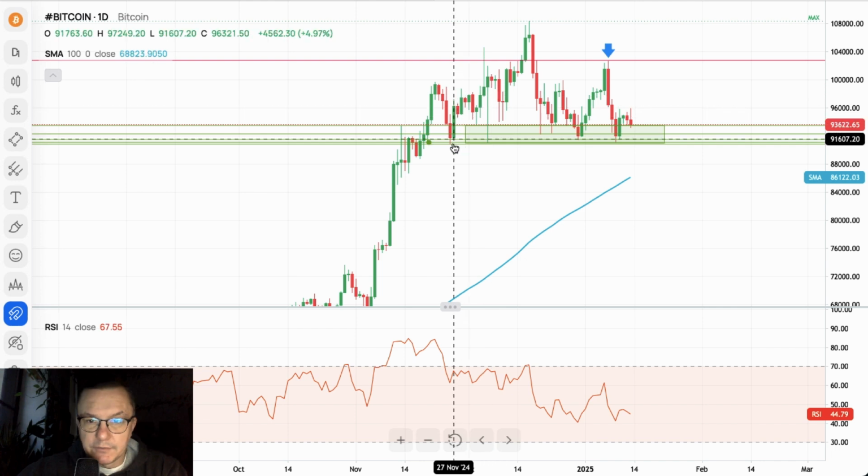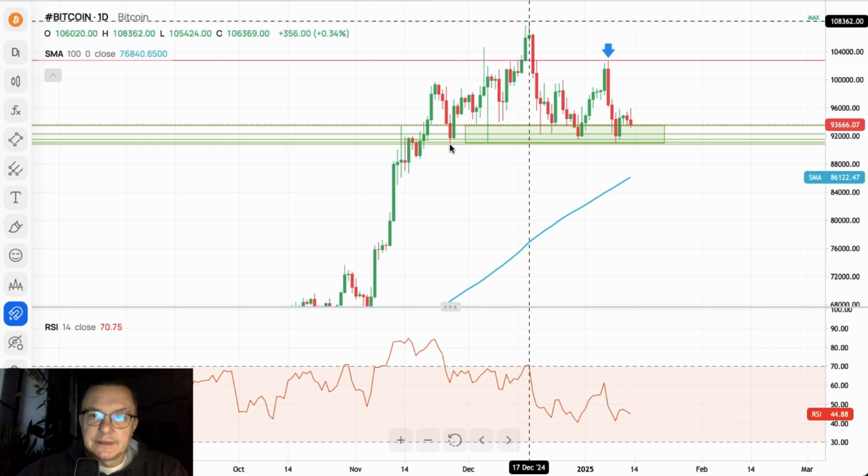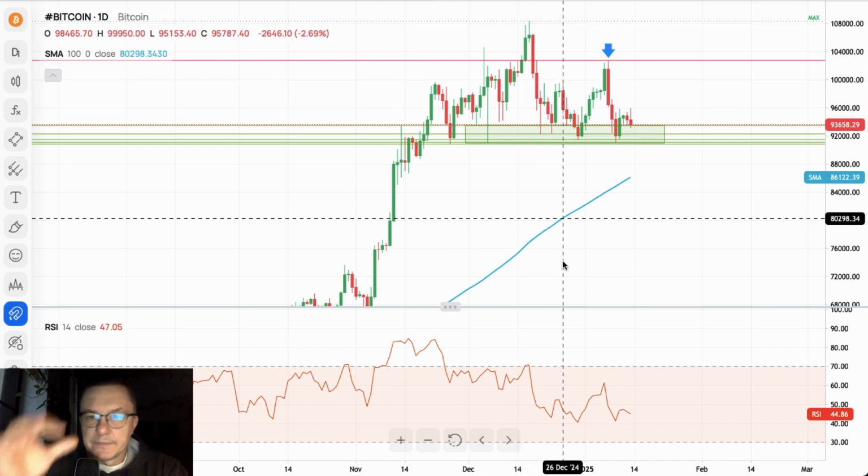So the lowest low for the demand zone is roughly around 90,873. So that's a minimum of like 18,000 below 90,000. So it's roughly somewhere around $72,000, the target for Bitcoin.